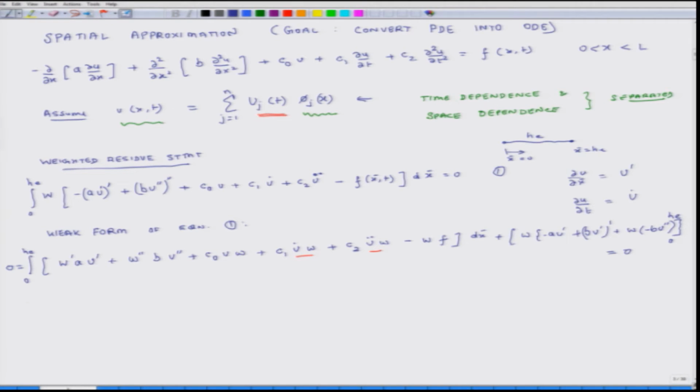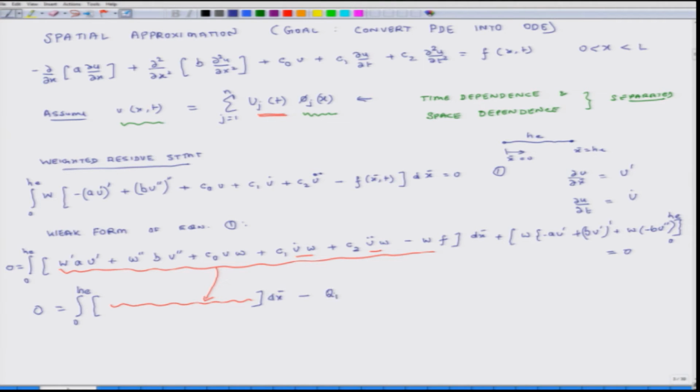So, I will rewrite this expression: integral 0 to He, and whatever is here, the same thing goes in this bracket. So, this entire expression comes here. I am not going to repeat it, but I will now more explicitly state the boundary terms.